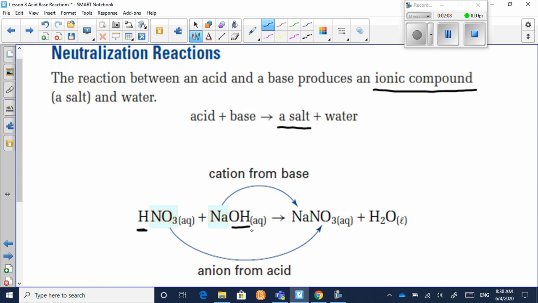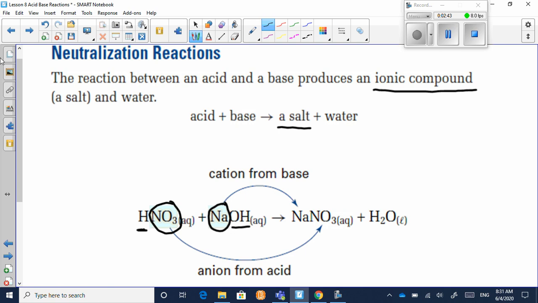And so the cation from the base, which is sodium in this case, will join with the anion, the negative ion from the acid. Those will join and form the salt, and then the hydroxide and the hydrogen ion will join and form H2O. And that's the double displacement part of this reaction.